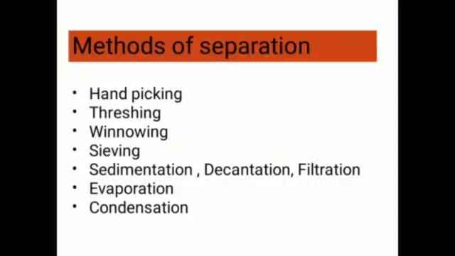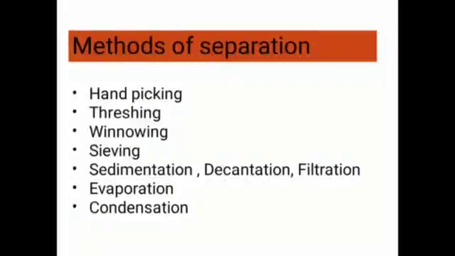Here some methods of separation are given. These are all very common methods: hand picking, threshing, winnowing, sieving, sedimentation, decantation, filtration, evaporation, condensation. One by one I will explain all the methods.